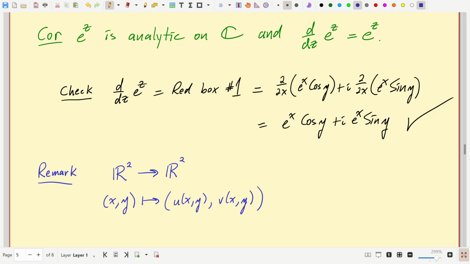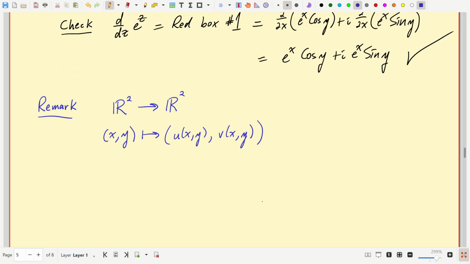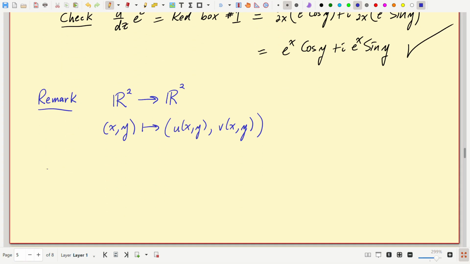And you might remember from multivariable calculus, there was something important called the Jacobian matrix, J. You take the gradient of the first function and put it in the first row, and then you take the gradient of the second function and put it in the second row.